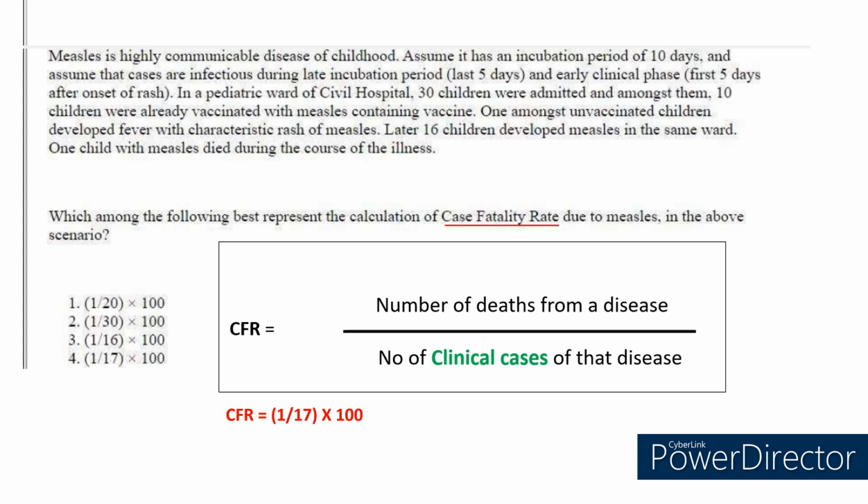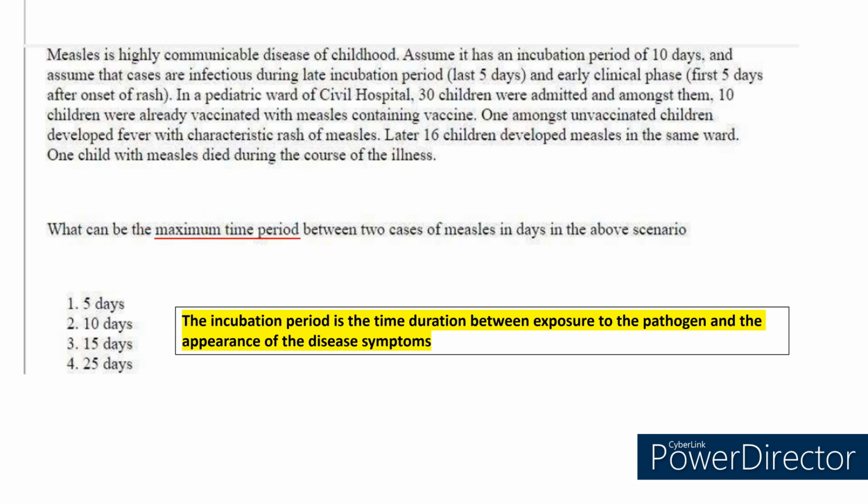Among them, one had already developed fever with the characteristic rash of measles. So one case plus later 16 children developed measles. So 1 plus 16 will be 17. So 1, the number of deaths, divided by 17, the number of clinical cases, multiplied by 100. So it's option 4.